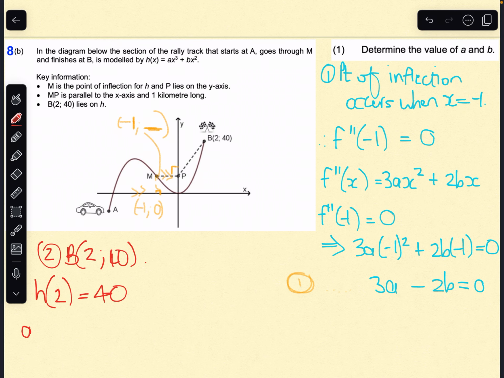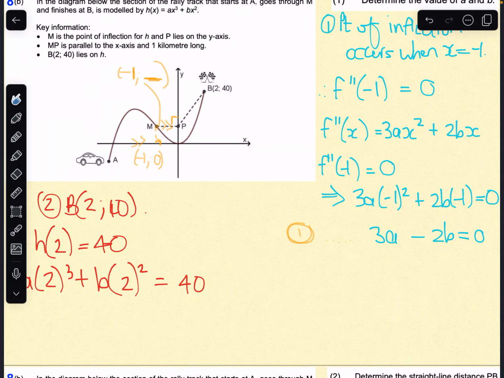So that means ax cubed plus bx squared is equal to 40. So we have 8a plus 4b is equal to 40, which we can simplify a bit by dividing through by 4. So that's 2a plus b is equal to 10. So that can be equation number 2.